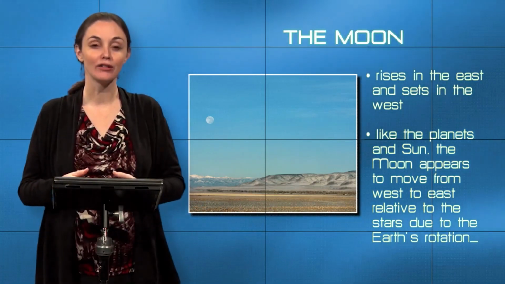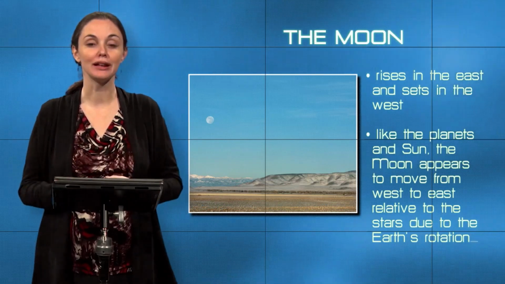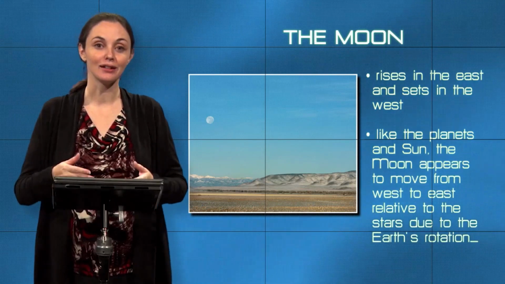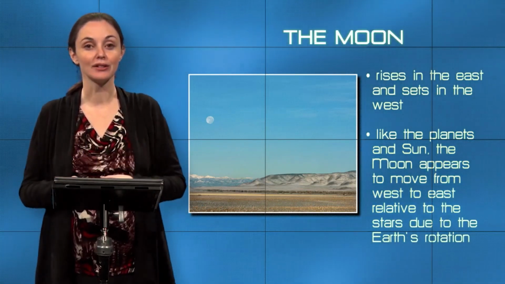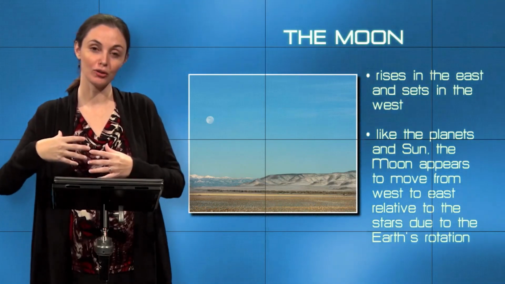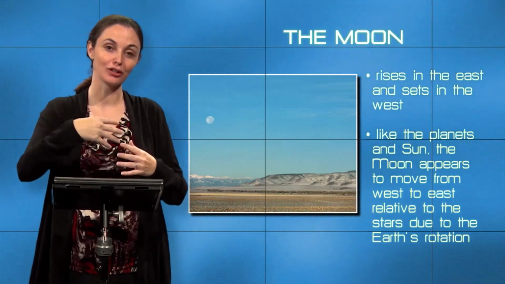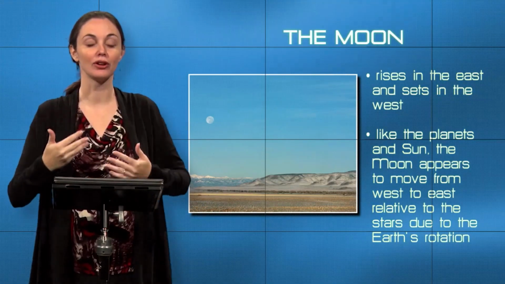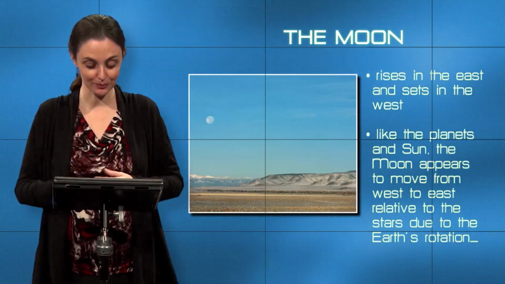The tendency of all of these objects, stars and planets and our sun, to rise in the east and set in the west is all about our rotation. As Earth rotates in the eastern direction, we have all of these objects continue to move up into the horizon and become visible to us.